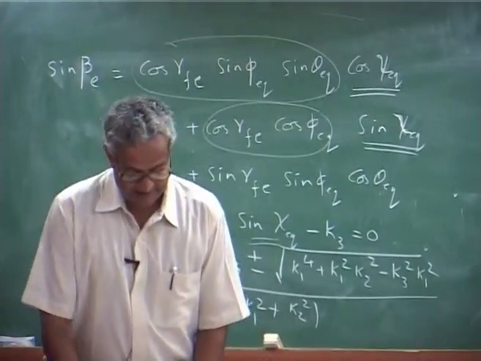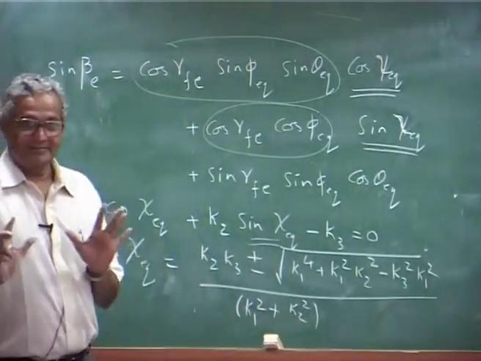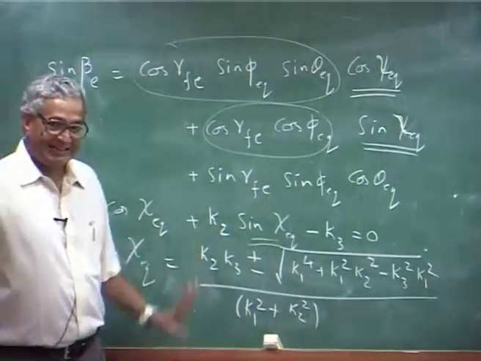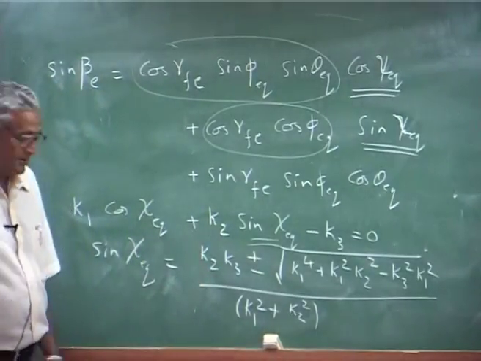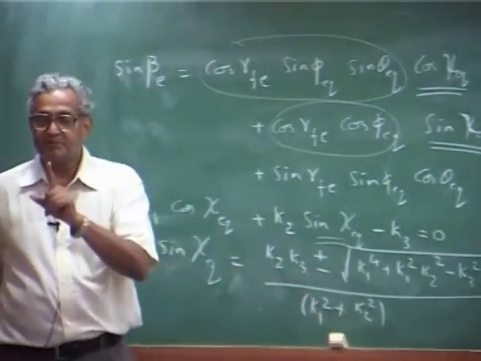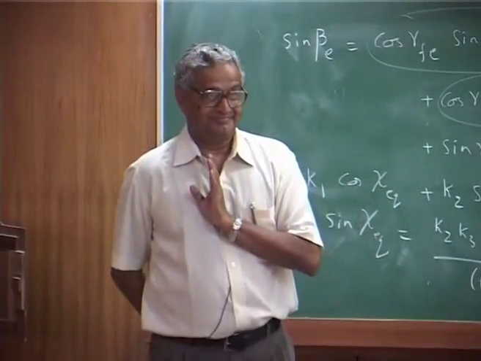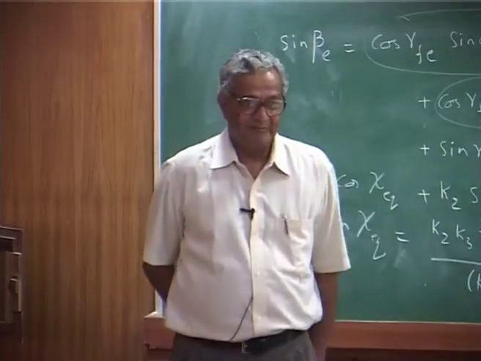Okay. This is what you will get. That means there are two roots. You always pick the meaningful root. That is what is done.